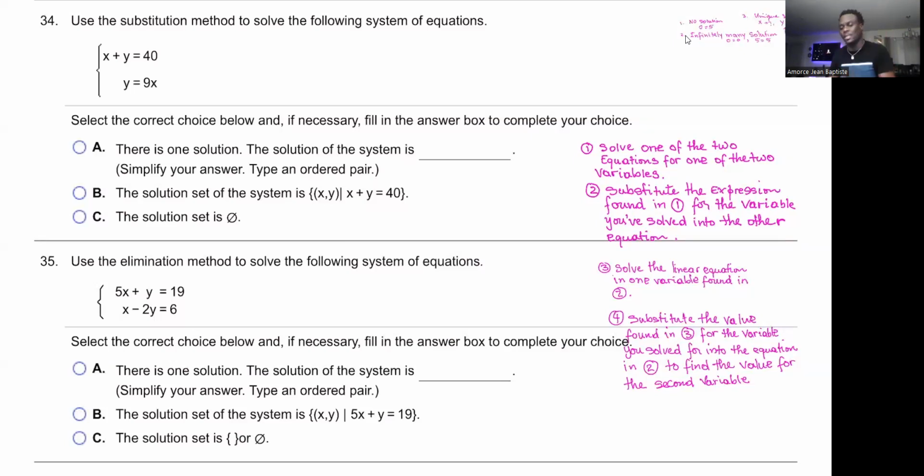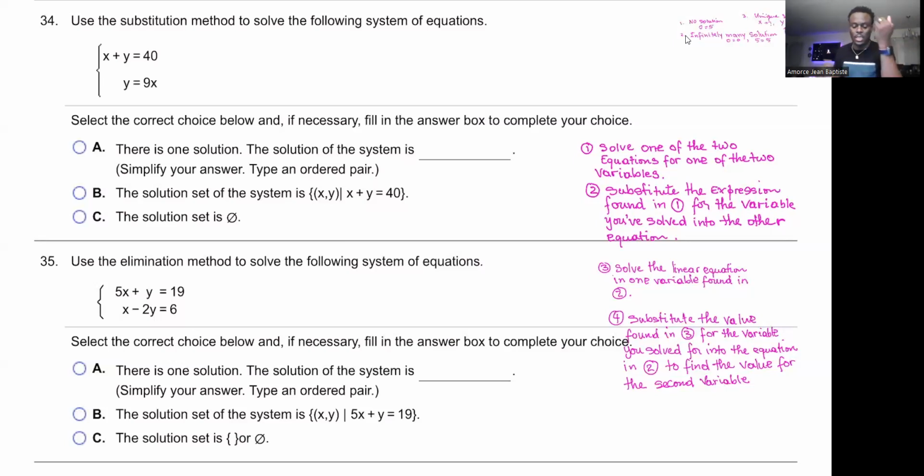You isolate the variable. And step 4, substitute this value found in step 3 into the equation you had in step 2, so you can find the exact value of the second variable. Once you get that, you present your solution.